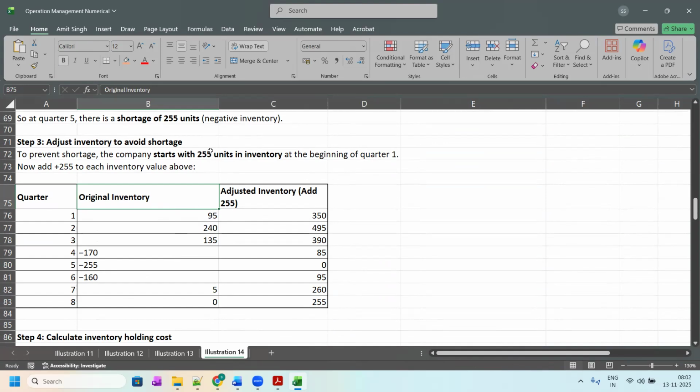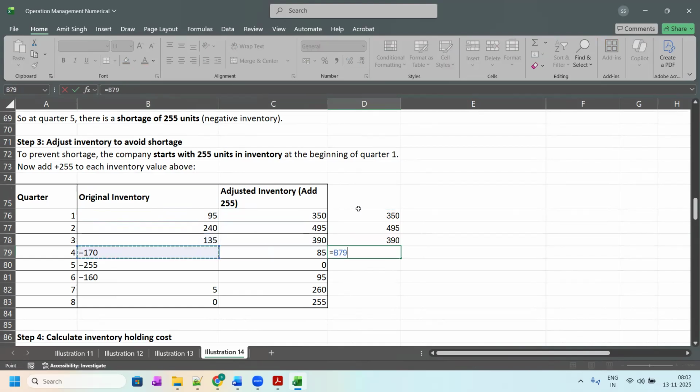Since you realize that in quarter 5 you got a shortage of 255 units, we added the 255 to the 95, because the 255 shortage came. We added it in the beginning only, so that the issue does not persist. Clear? So in quarter 5 this will become 0.